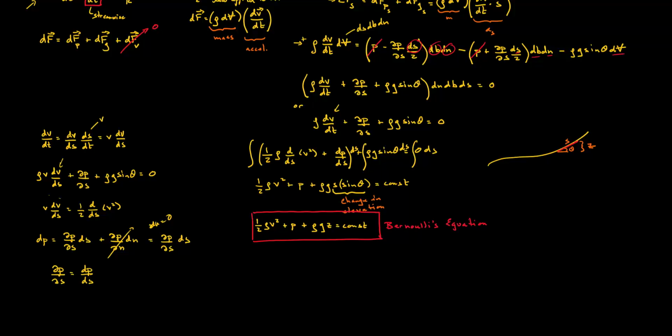So if we have a streamline and we're going from point 1 to point 2, then there is a certain quantity defined by the summation of these three terms that will remain constant along this streamline. This is a very powerful result with a wide range of utility. However, application of this equation to the wrong problem can lead to very incorrect answers. And this is why we went through this derivation, to really drive home where this is coming from.